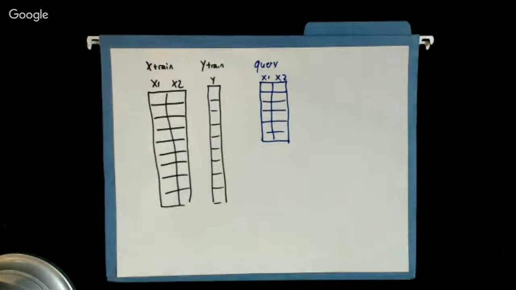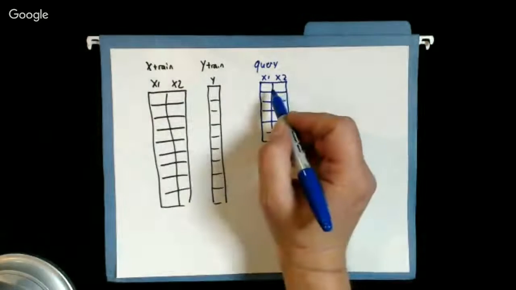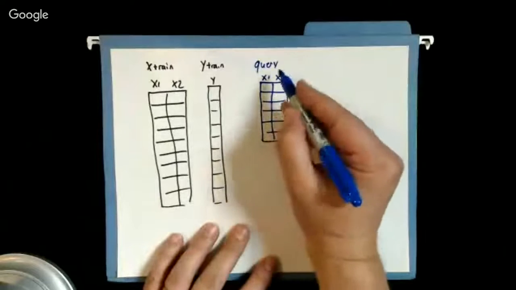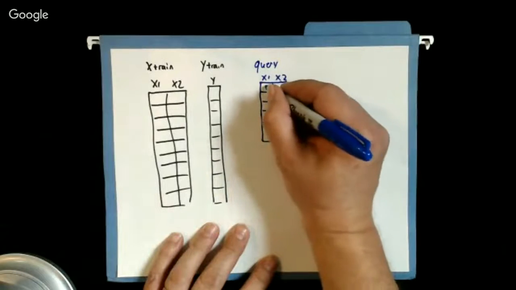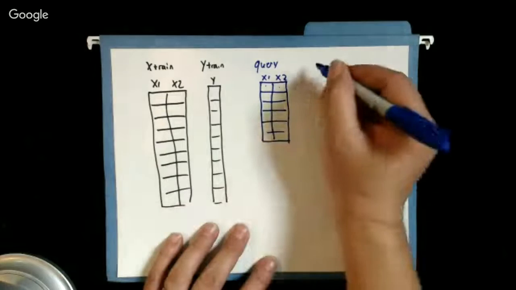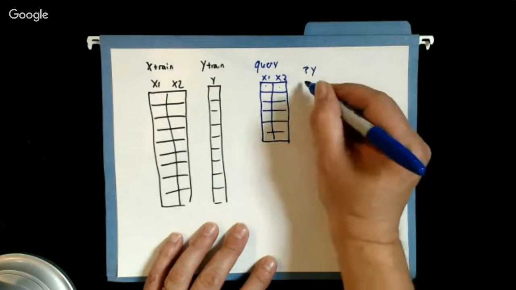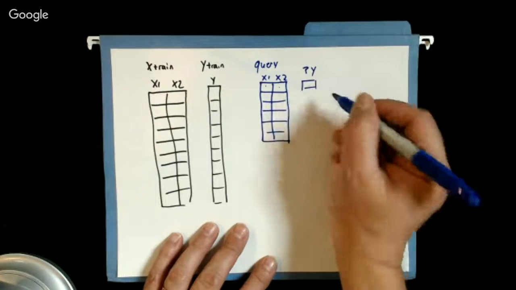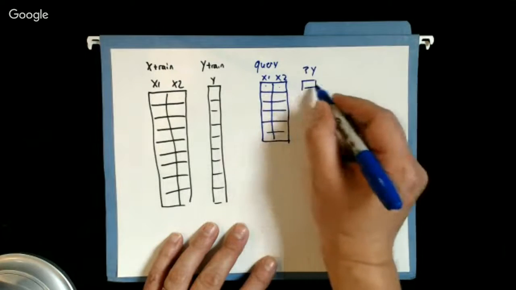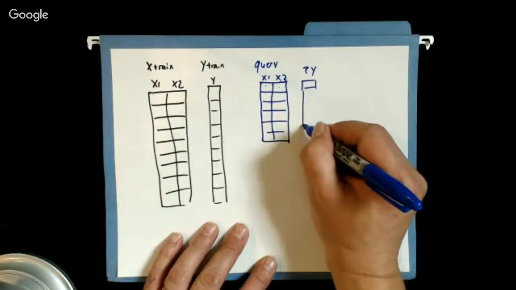So what we're asking, when this query comes in, is we're saying, for this value of x1 and this value of x2, what is y? And we want to know that not just for this first row, but for all these rows.